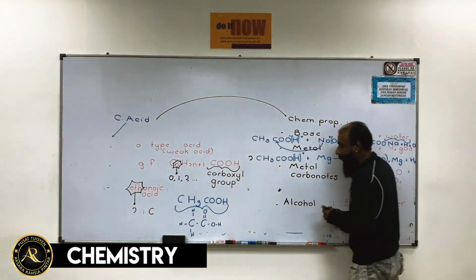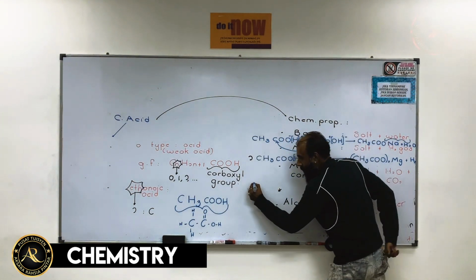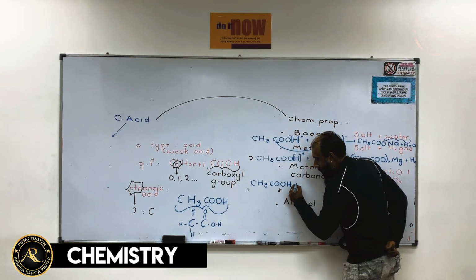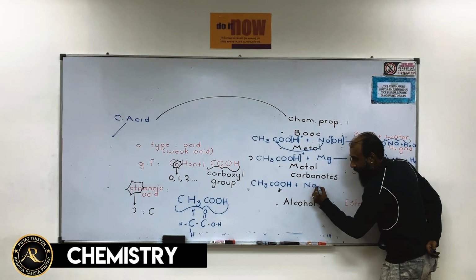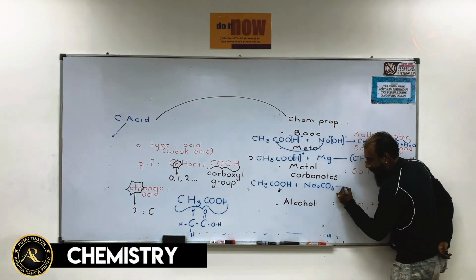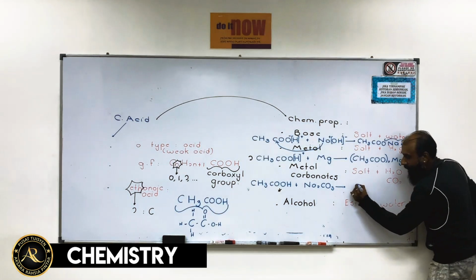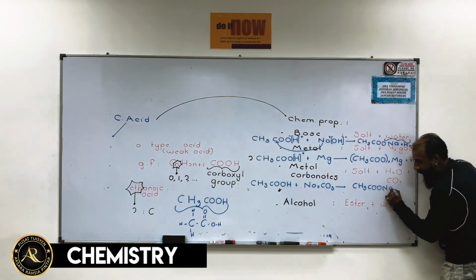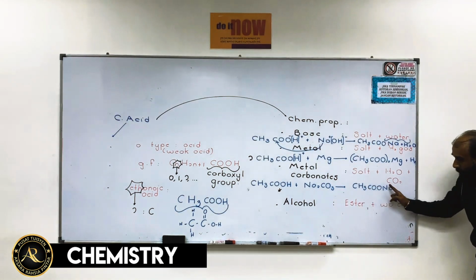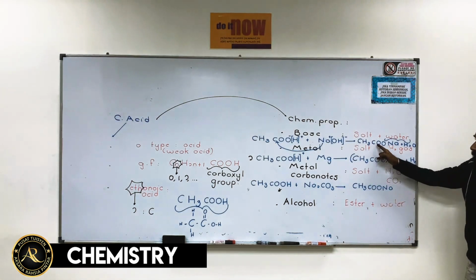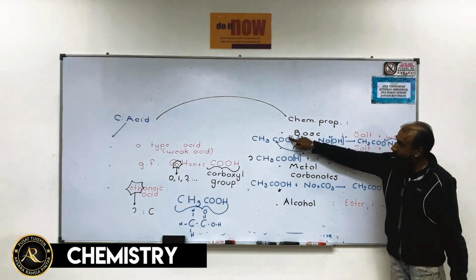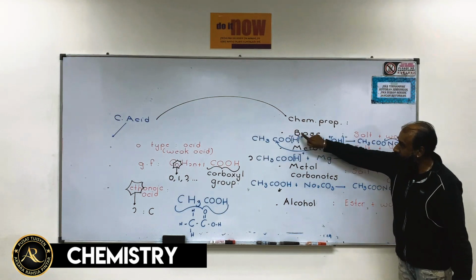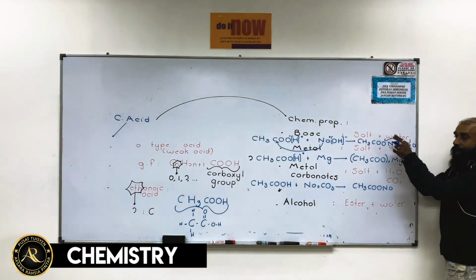Metal carbonates, the final one. CH3COOH, when I add sodium carbonate, my product will be salt, CH3COONa. Students, I'm very sure you know why I've written like this. Remember the one I showed you above? When the charges of the ionic numbers, negative and positive, are the same, we can just eliminate them.